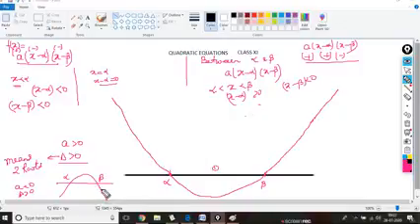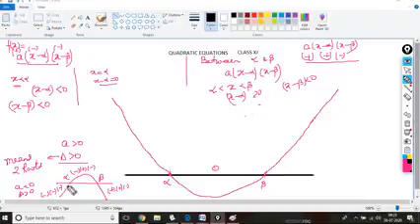You see over here, if a is negative, then this is the case of positive into positive into negative, this is the case of negative into positive. I'll write, both the values will be positive, but a is negative. So the total function is negative. Now between alpha and beta, a is negative, x minus alpha is positive, and x minus beta is negative. So we get negative into positive into negative, which is positive. And over here, I have a negative, x minus alpha negative, x minus beta negative.